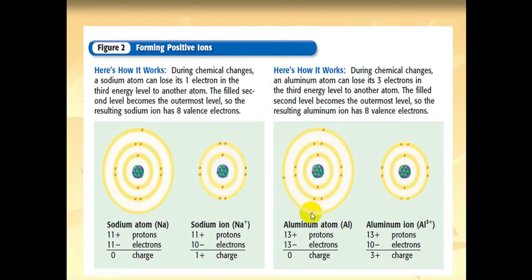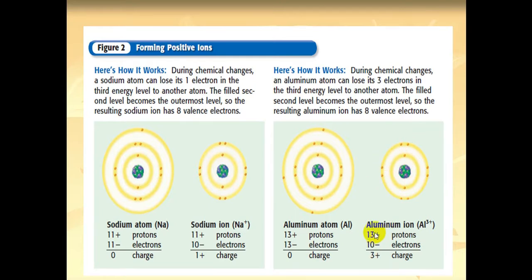In this case, aluminum will lose 3 electrons in the third energy level. And it will change to this atom, and this aluminum ion is very stable because it has 2 electrons in the inner shell and 8 electrons in the outer shell, so the outer level is completed. But in this case, how many? We have 13 protons and only 10 electrons.